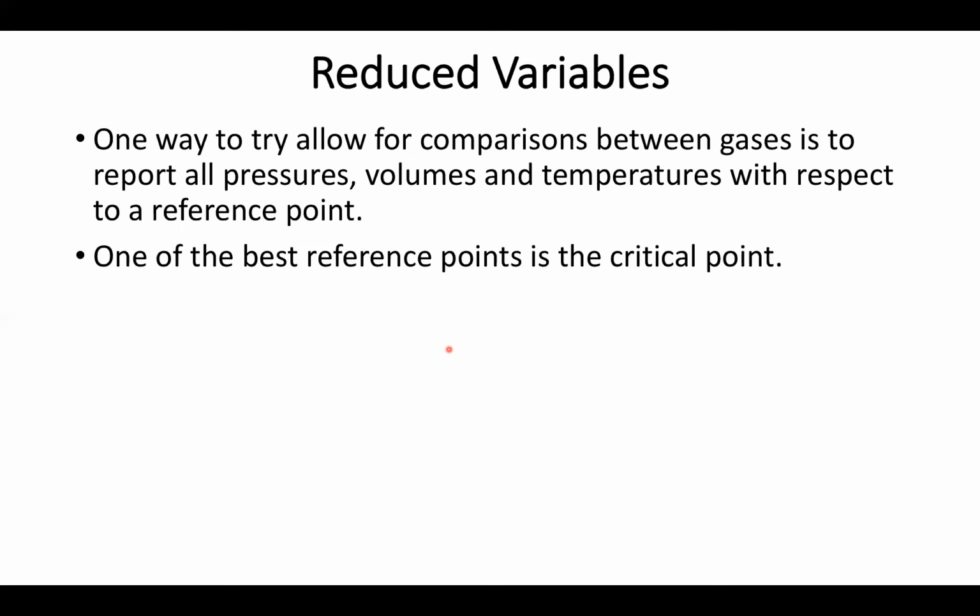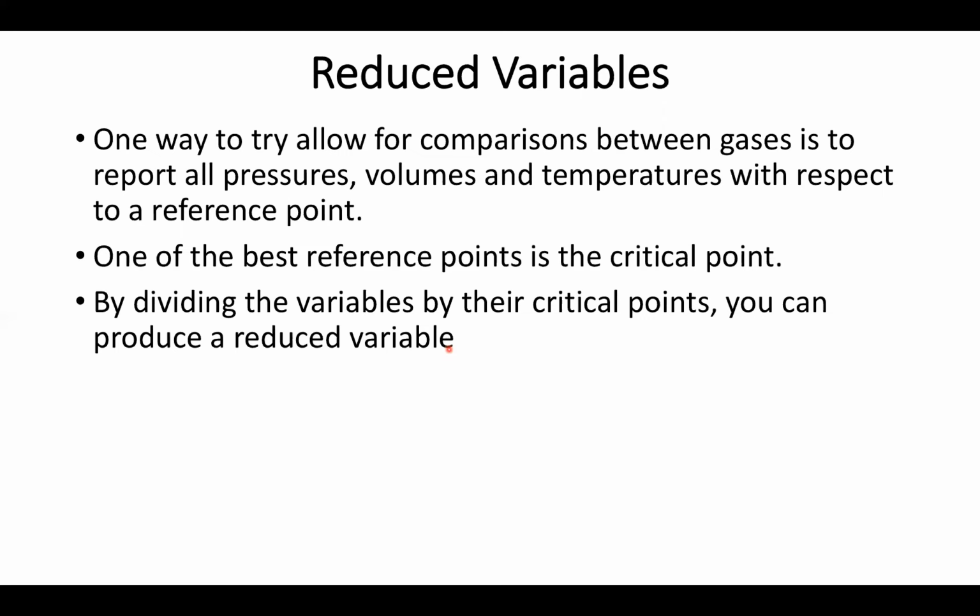So what we can do is try and take our variables, so our pressure, volume, and temperature, and divide them by their respective critical conditions: critical pressure, critical volume, and critical temperature. And this produces our reduced variables.